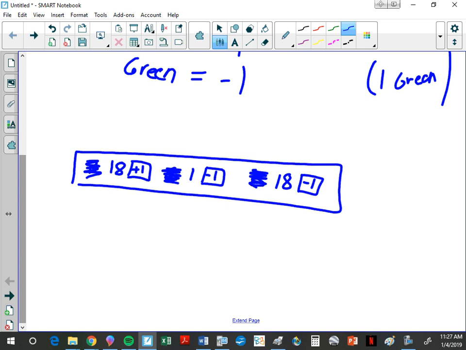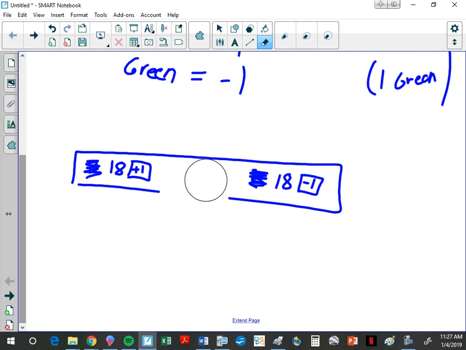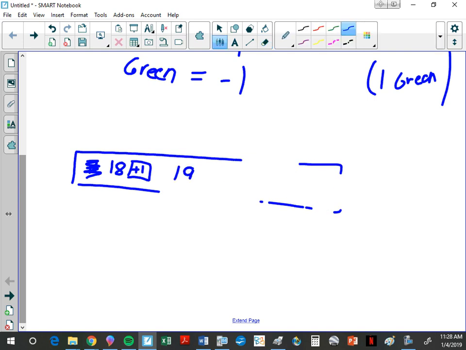Now that the colors are gone, what do you notice? Can I simplify this box a little bit? Right, I might as well just say 18 and 19. Does that make sense? That makes it a little bit easier, and it shows you that this is not a good game to play. Immediately you see where the problem is.